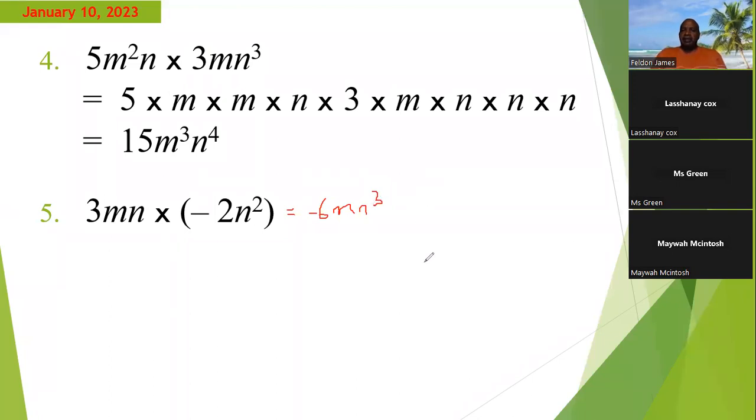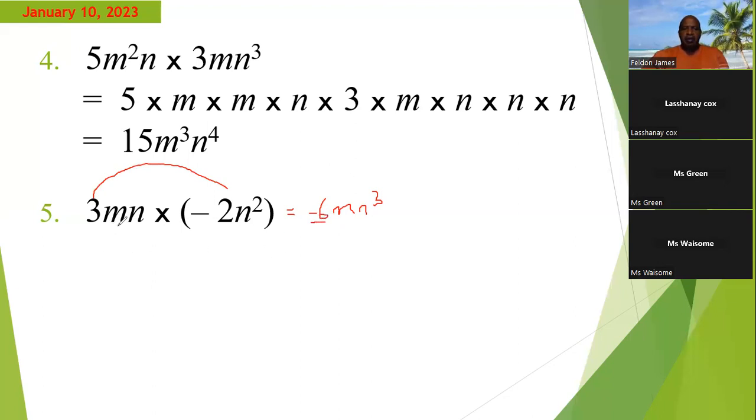Is she correct? Anybody agrees with her? Yes, sir. All right. And yes, she's correct. Now, what she did was follow the rule that I had mentioned before. You multiply the numbers, so you get 3 times -2, in fact, so we get -6.